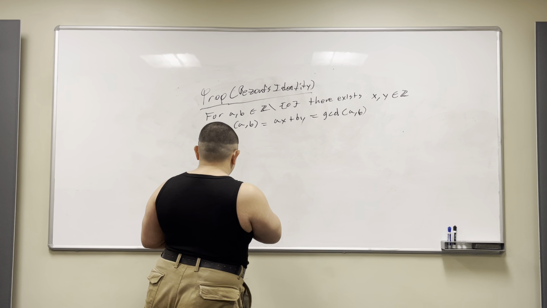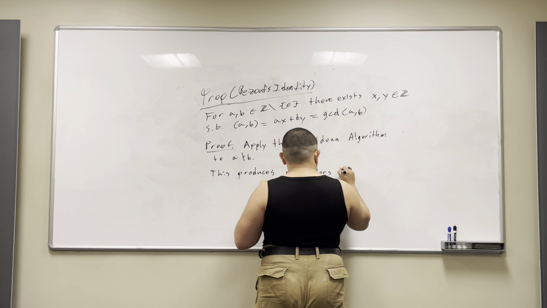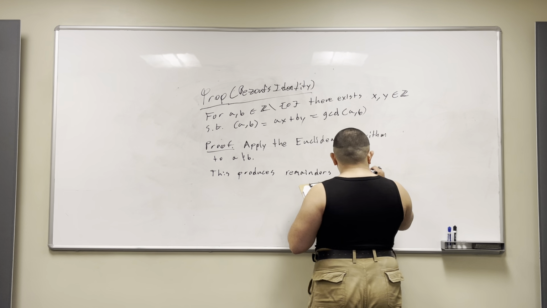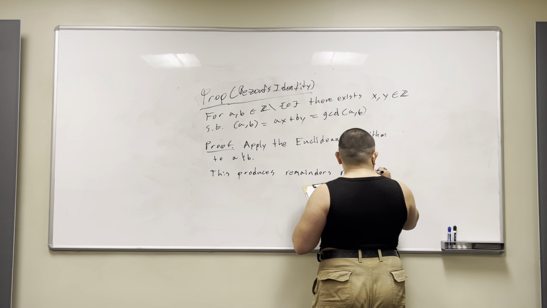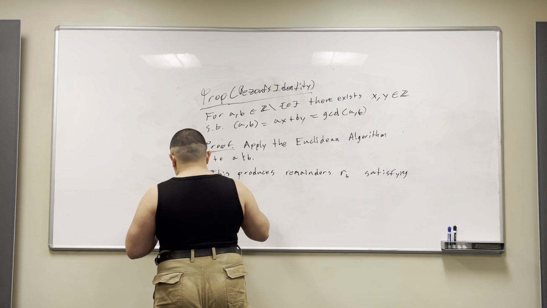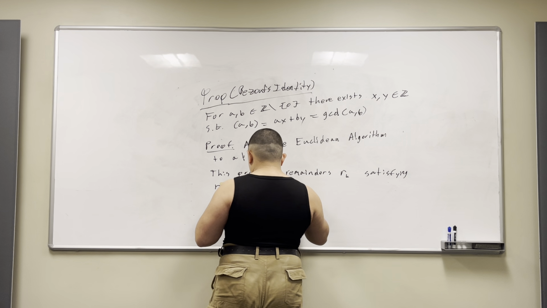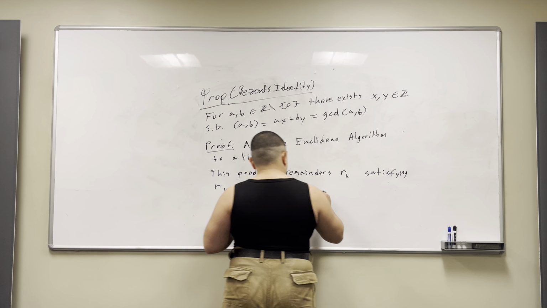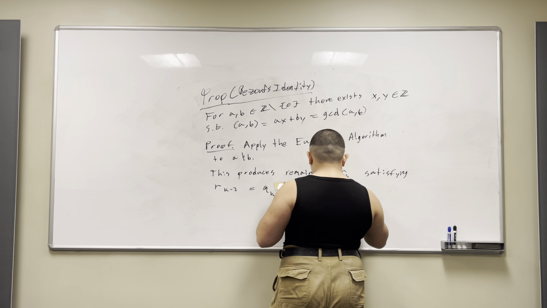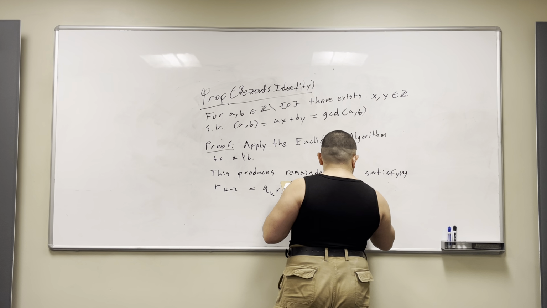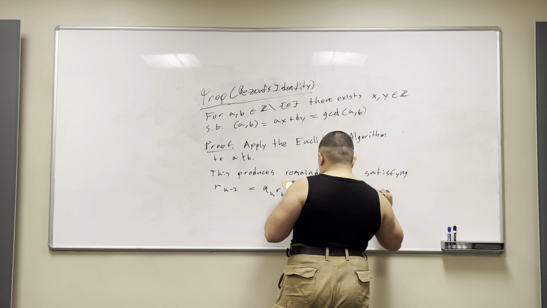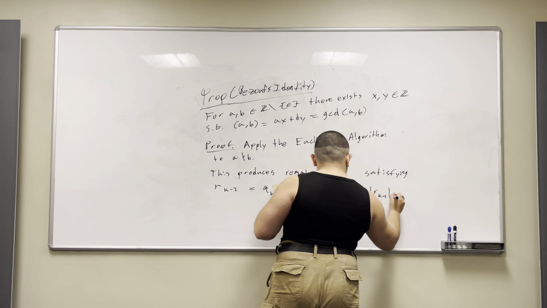This produces remainders r sub k satisfying r sub k minus 1 is equal to q sub k r sub k minus 1 plus r sub k, with 0 being less than or equal to r sub k, which itself is less than the absolute value of r sub k minus 1.